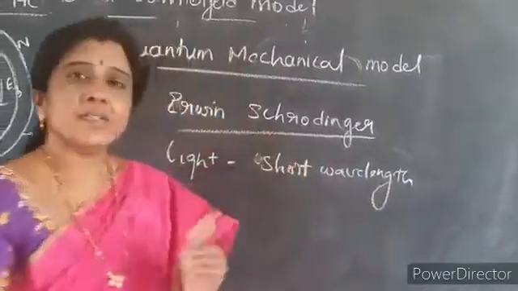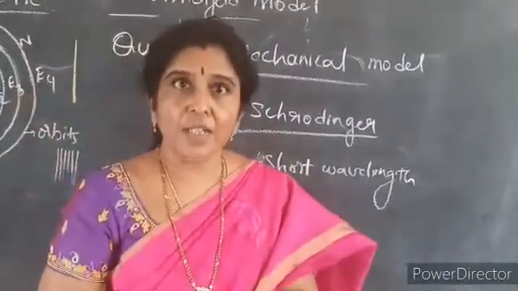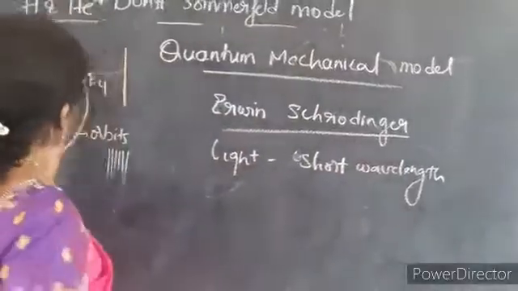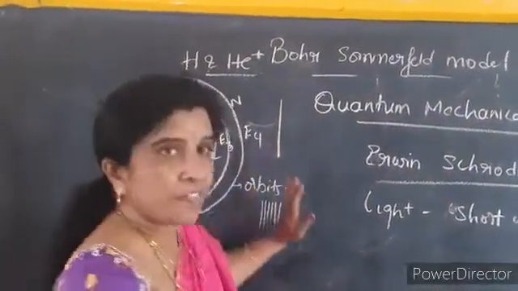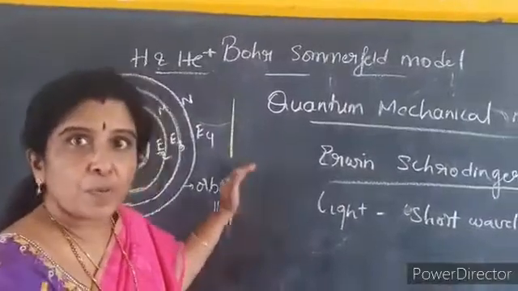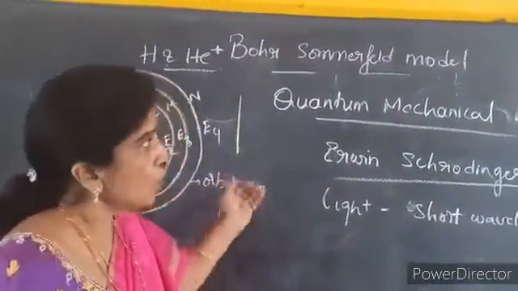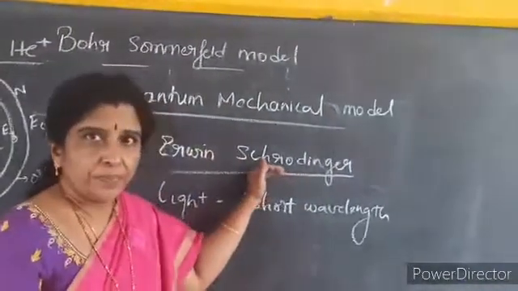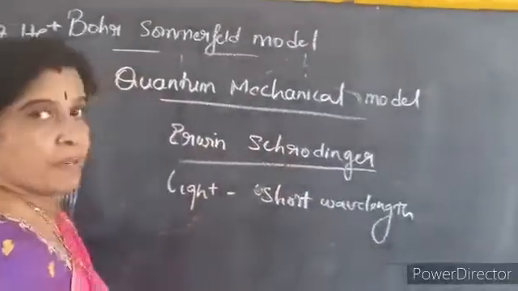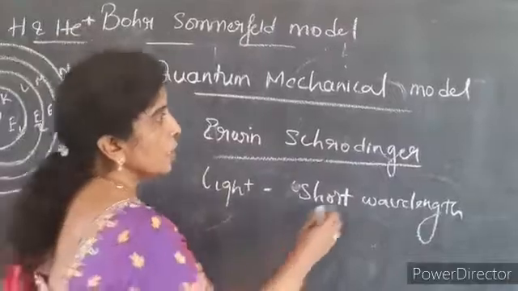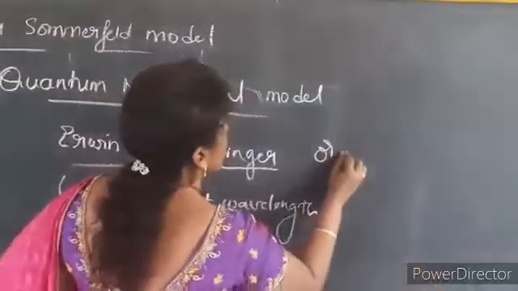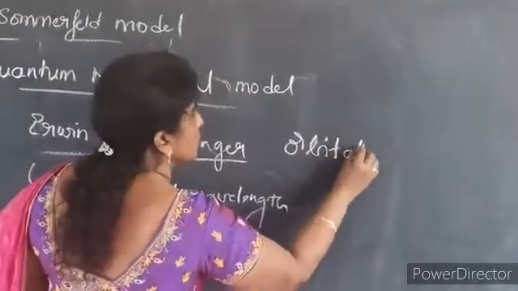So what do we understand by this explanation? The electrons will not have definite paths and there is no definite boundary as proposed by the Bohr's model. So according to Schrödinger, instead of orbits, he proposed the presence of orbitals.